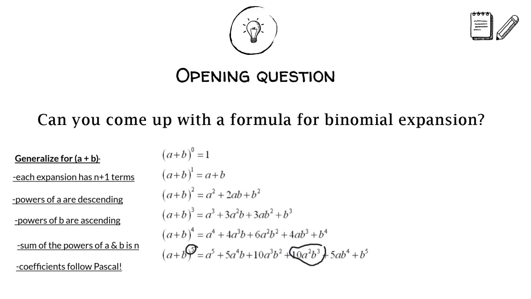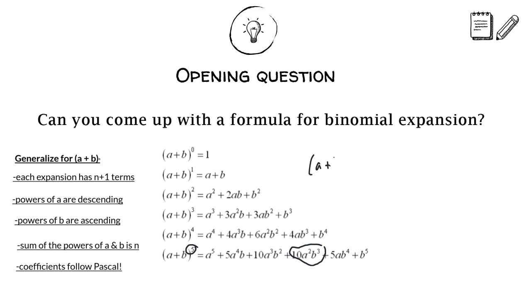Last but not least, the coefficients of every term follow Pascal's triangle, and that means that the coefficients can be found using combinations. When I put all this information together, I have a formula for the binomial expansion.